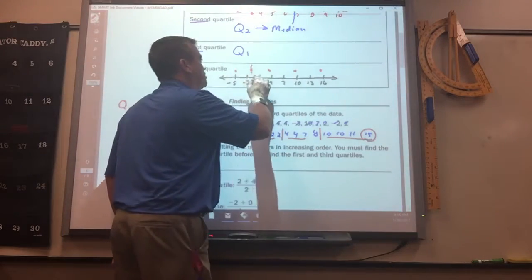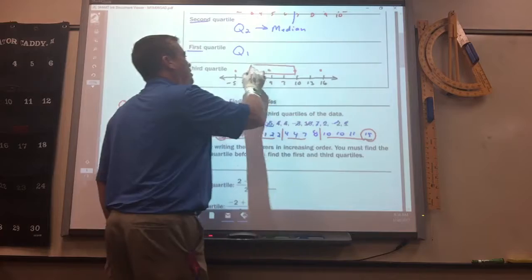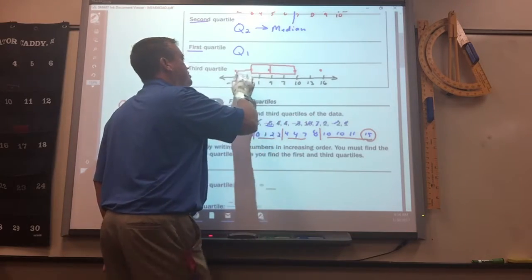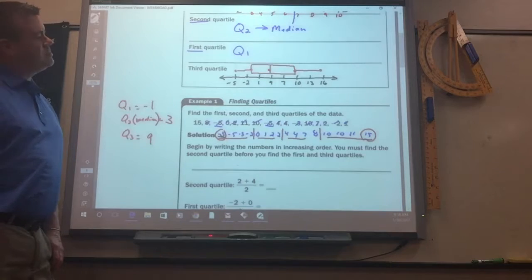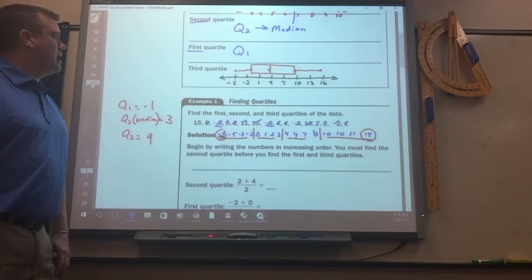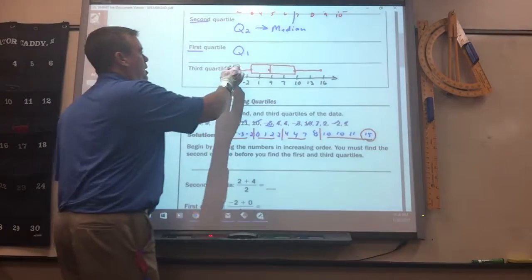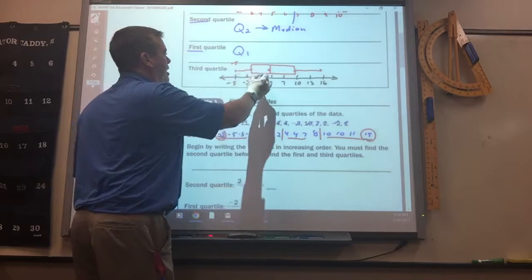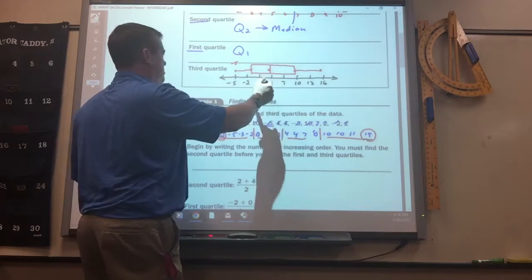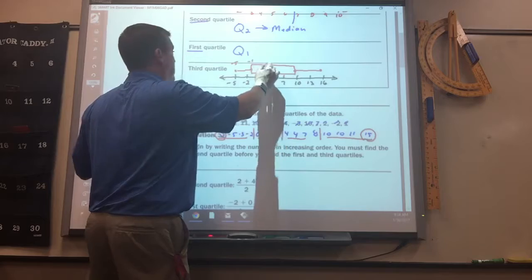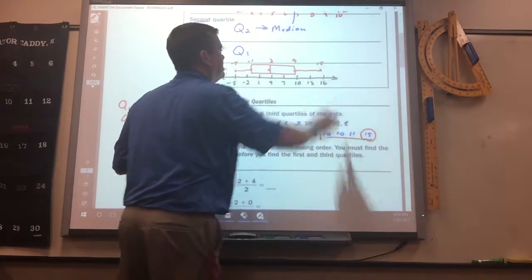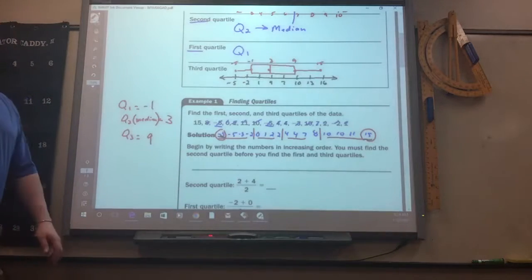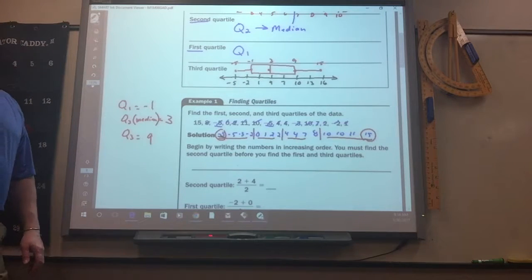Then you put the box around those with a line in the median, and then the whiskers go out. To make sure you got it in the right spot, you could label every one. You could put a -5 there. This is -1, 3, 9, and 15. Probably a good idea to do that. Okay?